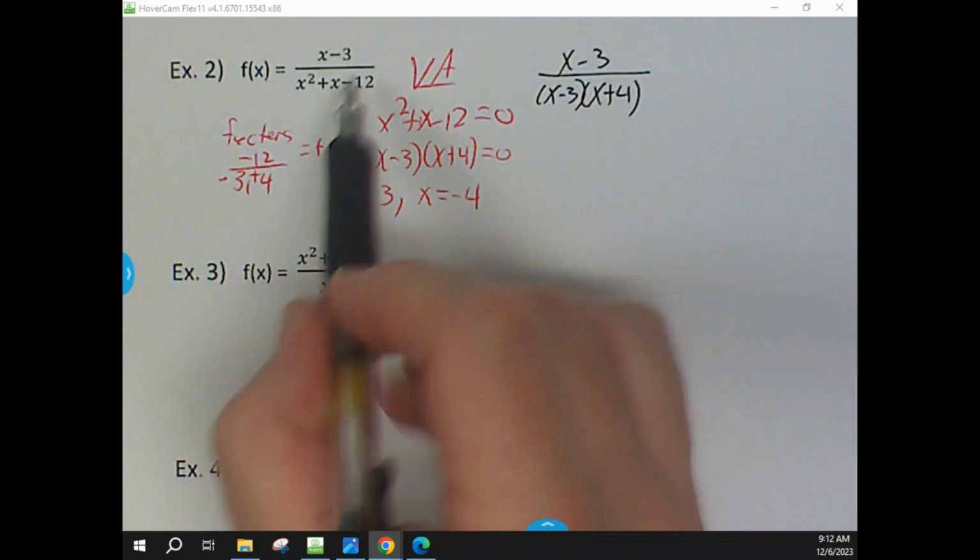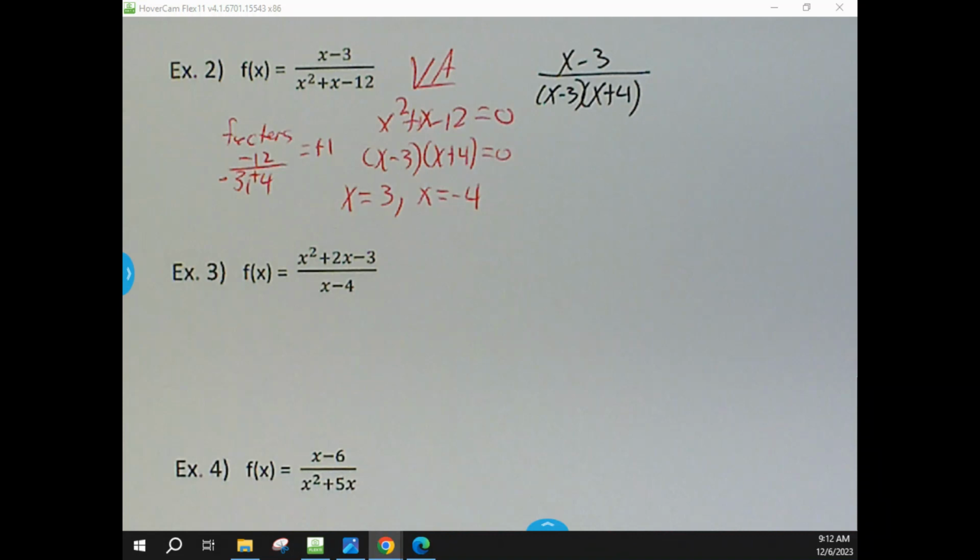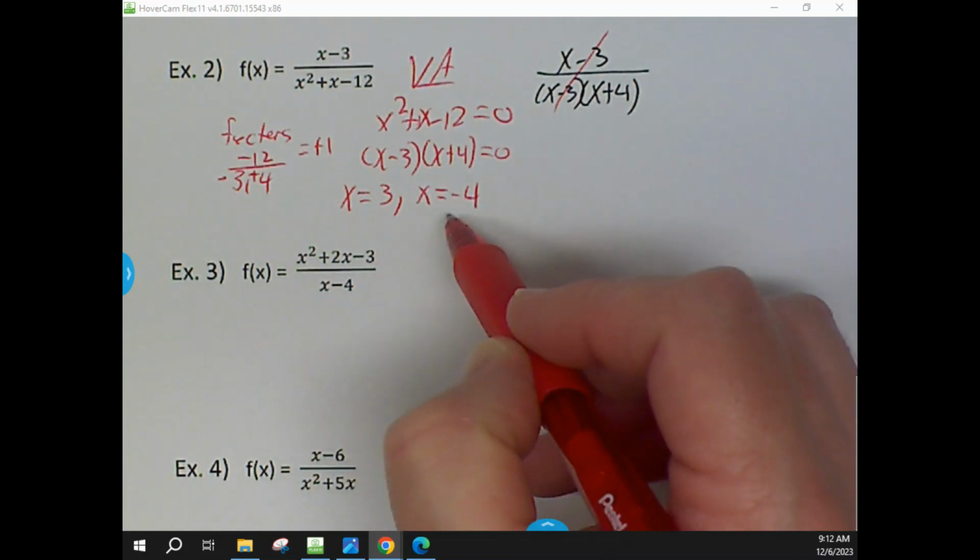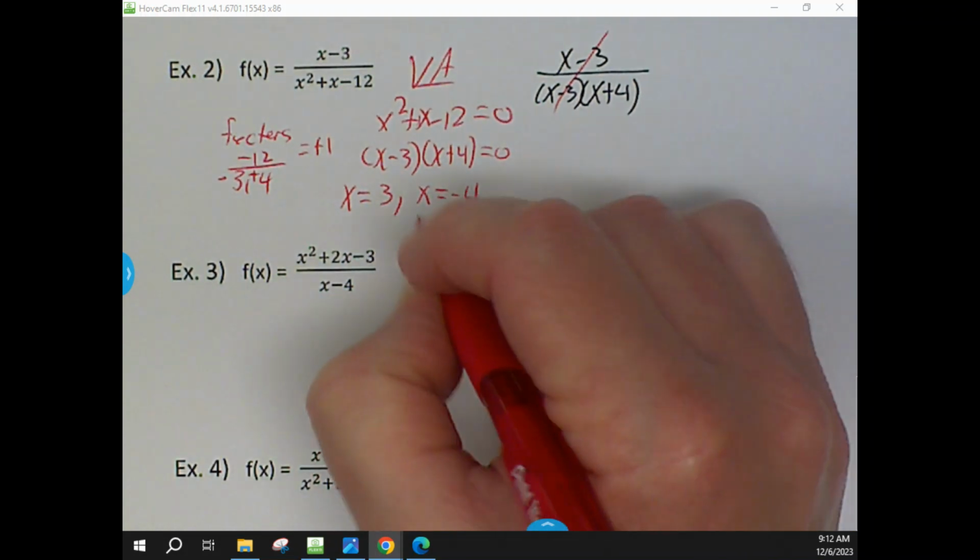If we factor out the original equation, we've got this. These two things would cancel. So technically, x equals negative 4 is your vertical asymptote.